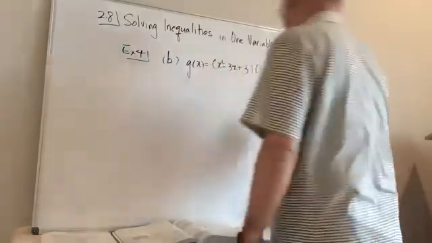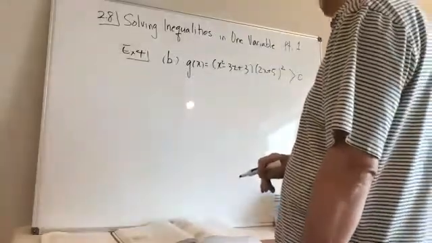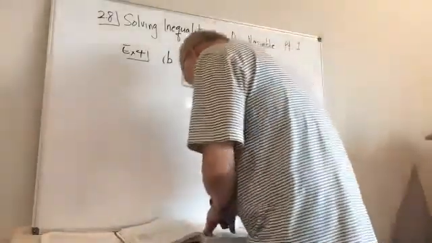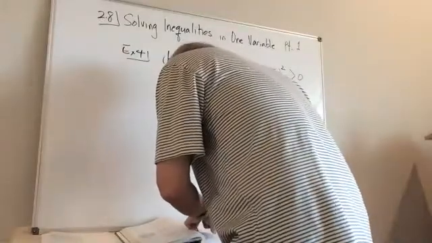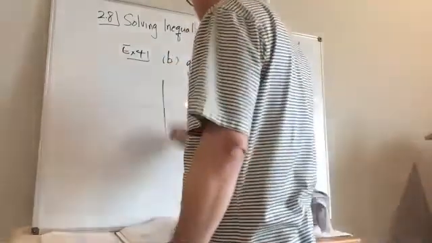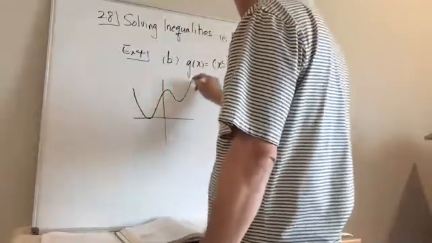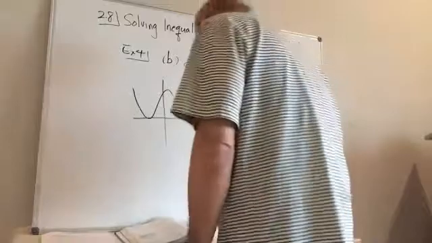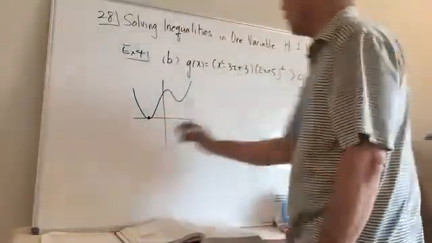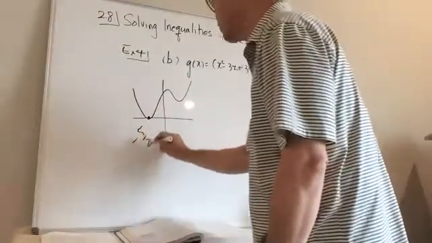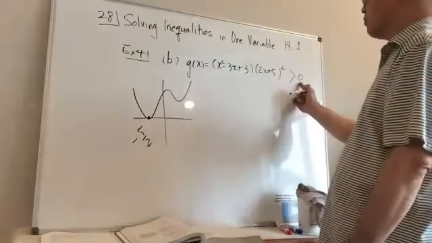Let's go ahead and find where it is greater than 0. So if I graph this, what do I get? It graphs like this, where this 0 here is going to be this guy here, right? -5/2.